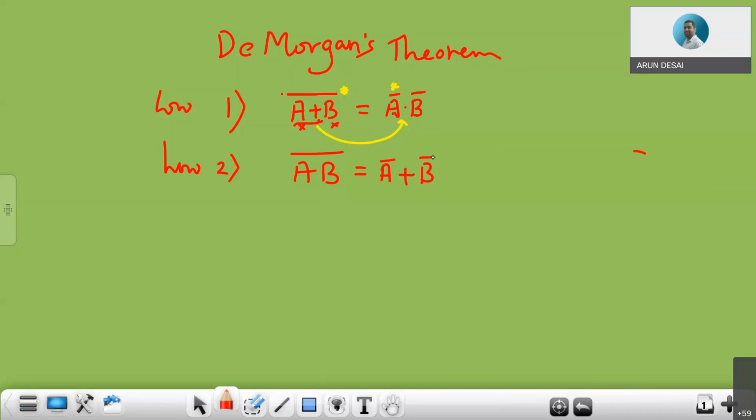What this law states is that the complement of the product of two variables is equal to the sum of their individual complements, right? So this is about De Morgan's theorem.